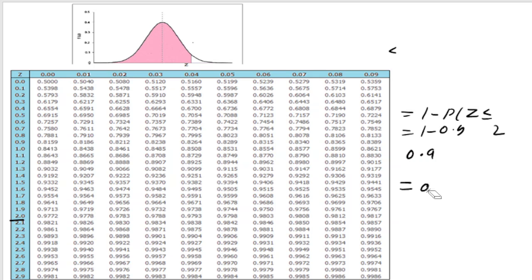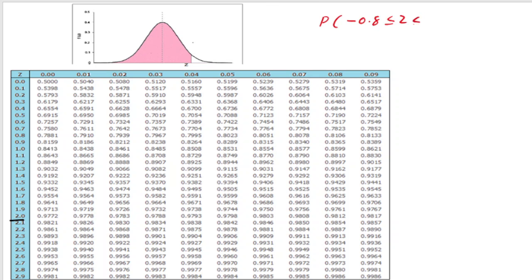So we have to calculate the area between minus 0.8 and 2. I'm writing it here so that we don't have to scroll again and again. We have to calculate the probability for minus 0.8 less than or equal to z less than or equal to 2. Up to 2, the total value is 0.9772, right. And suppose this point is minus 0.8 and this point is z equal to 2.